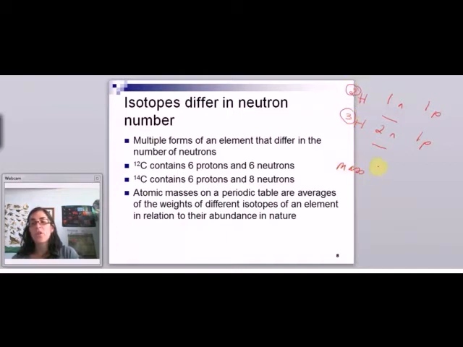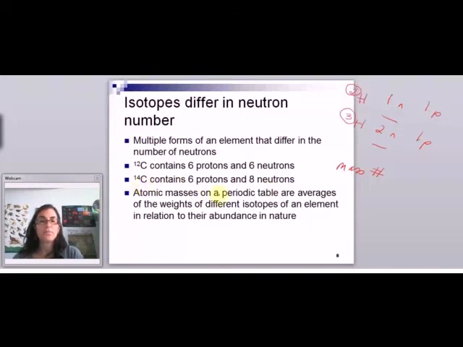So isotopes are often designated through their mass number, and probably you've seen this before or are more familiar with this in carbon. So carbon-12 is the isotope of carbon that has 6 protons and 6 neutrons for a mass of 12. Whereas carbon-14 is a different isotope of carbon. It's still carbon because it's got 6 protons, but it has 8 neutrons.